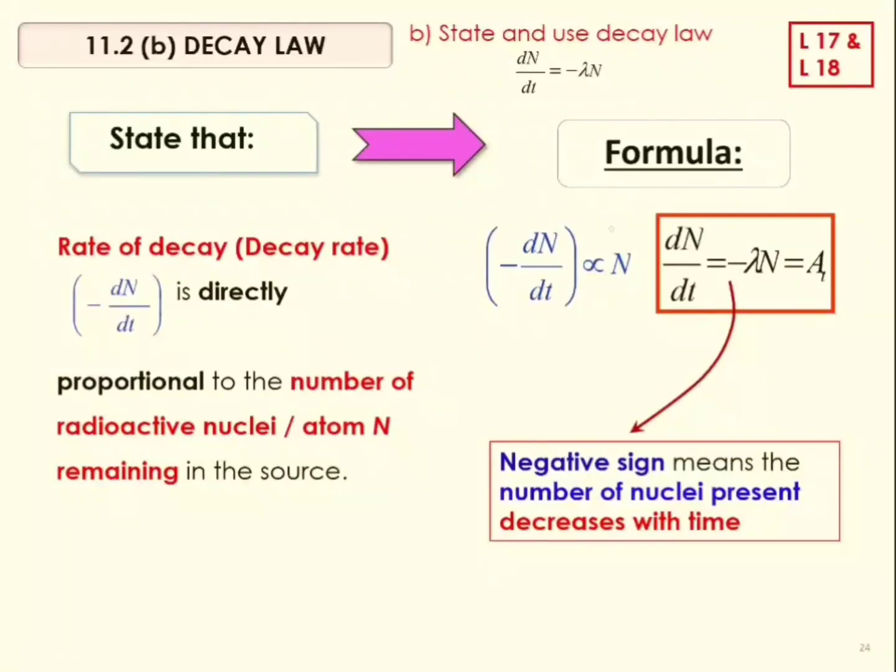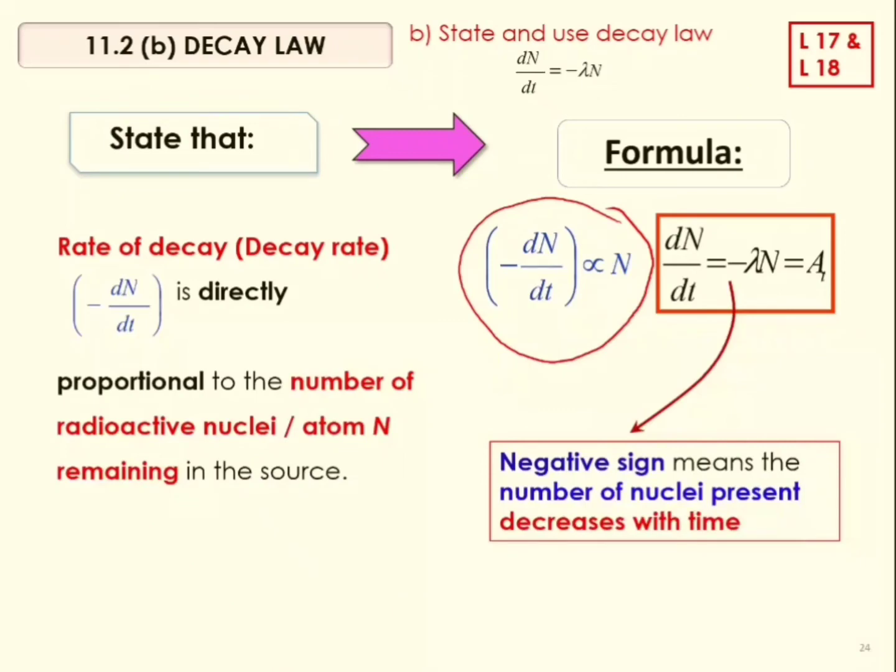So remember, this is the decay law. In the form of the formula, we get dN over dt equal to negative lambda N, which is equal to A, which we call activity.